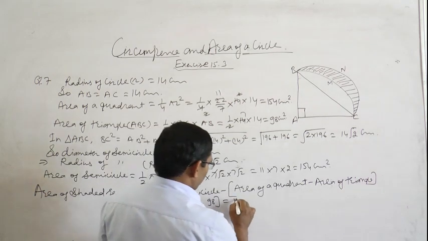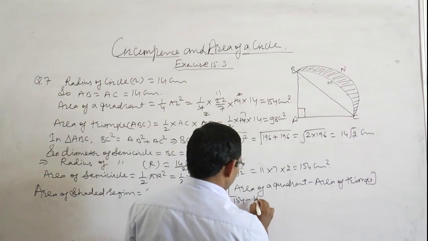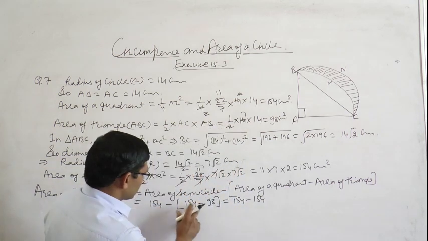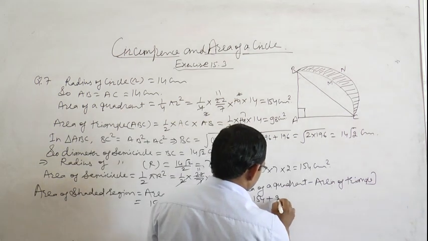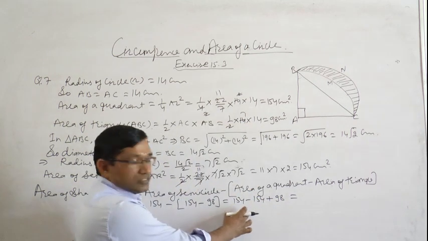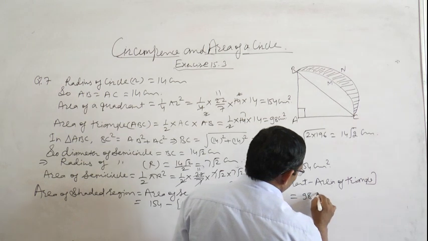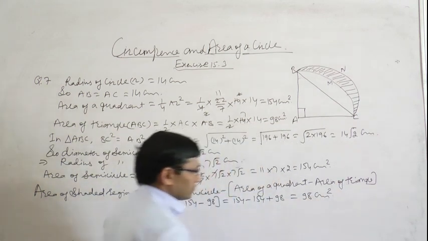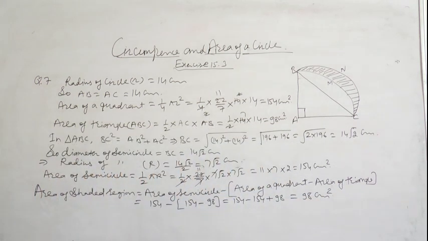That is equal to 154 minus 154 plus 98. 154 minus 154 is 0, so it is equal to 98 centimeter square. This is the area of shaded region. Area of shaded region is 98 centimeter square.